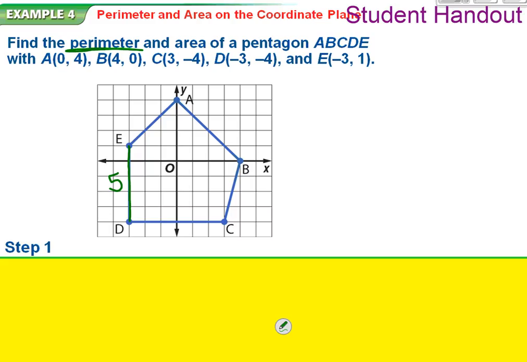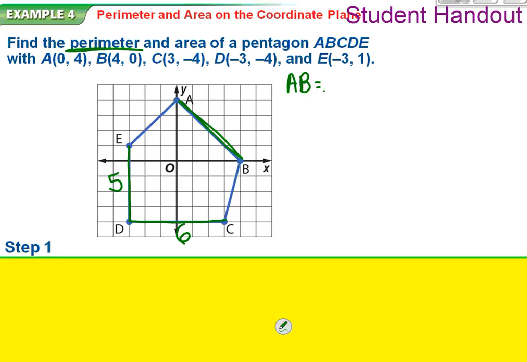DC, we can also count 1, 2, 3, 4, 5, 6. So that one is just 6 units long, not necessarily centimeters. And then we're going to find together these other ones. AB is the one that I'm going to have you find together with me.